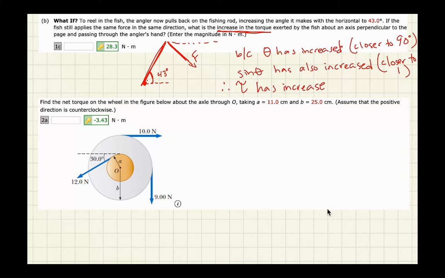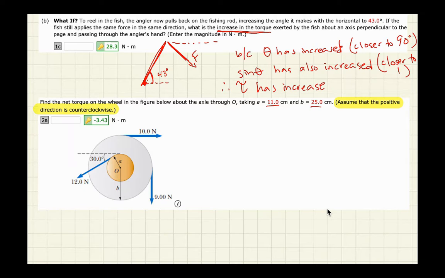For the second question here, again, everybody's going to have a different value for A and B in terms of these lengths, but the equivalent forces. So here, it's very important to note that we've defined the positive direction as counterclockwise.